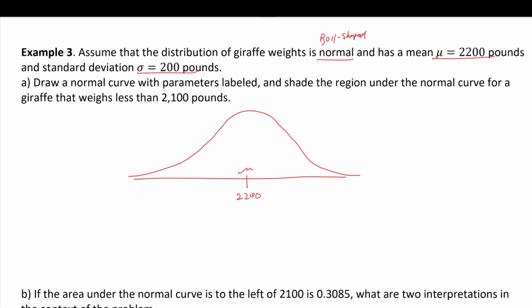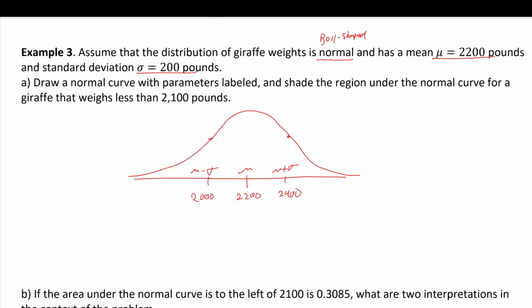Now we can add on the standard deviation and subtract off the standard deviation, and that should be around the inflection points. Again, this is just to draw it pretty precisely. The standard deviation is 200 pounds, so if you subtract 200 pounds, you're down at 2,000, and if you add 200 pounds to the mean, you're at 2,400.